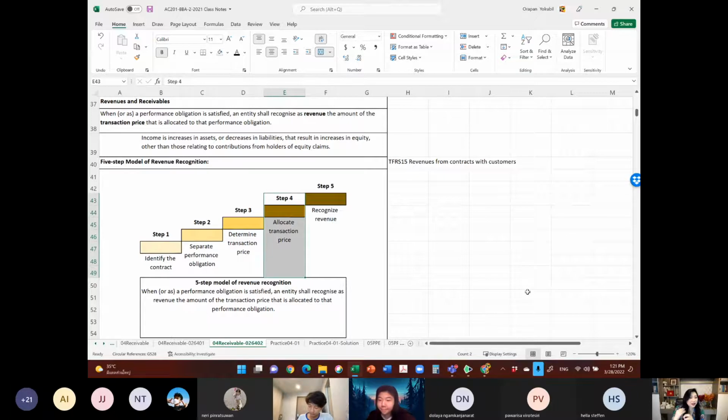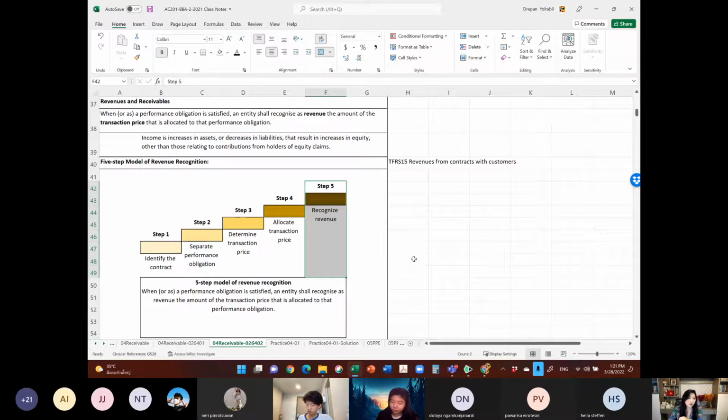So after you allocate the transaction price, you can then determine whether you have fulfilled an obligation. If you have fulfilled an obligation stated in the contract, you would then be able to recognize that portion of the revenue. For example, if you have already delivered the products to the customer, then the revenue of 1 million associated with that product sale can be recorded.